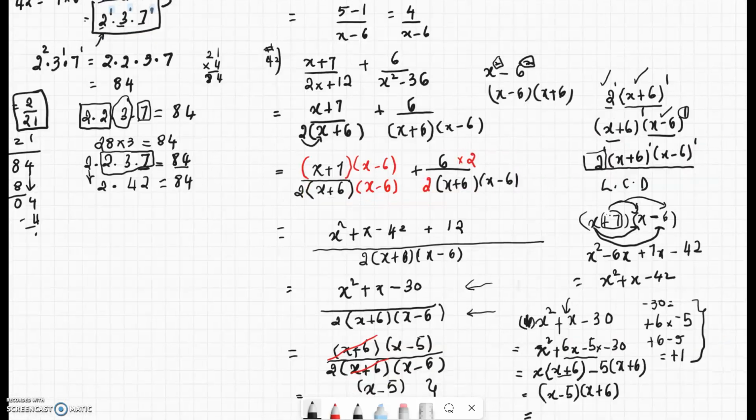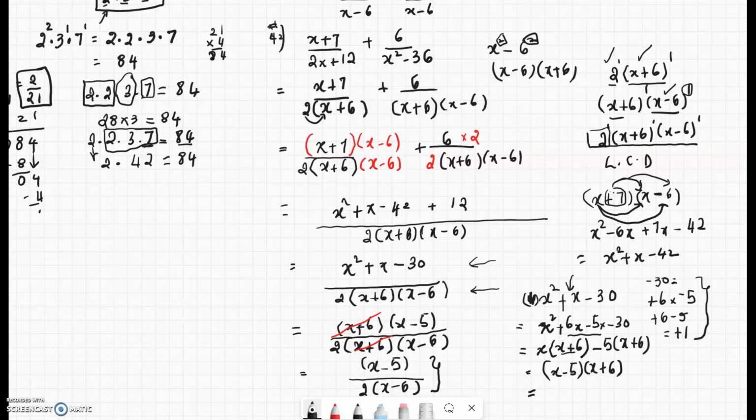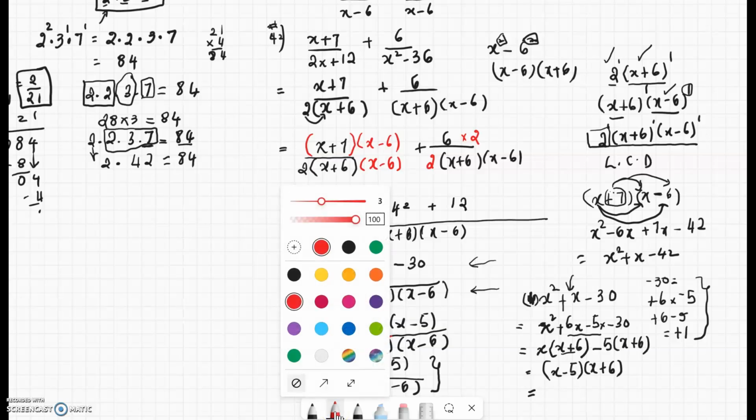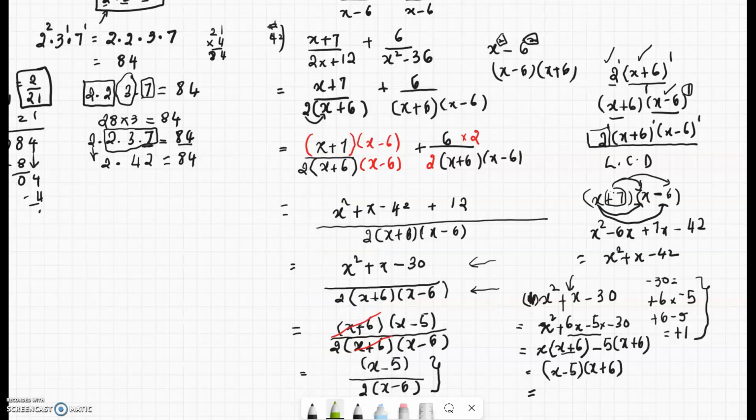So just quickly go over this. If you have to add rational expressions, the first step is always to factor the denominators completely. If it's a difference of squares, in this case it was x squared minus 36, x plus 6 times x minus 6.